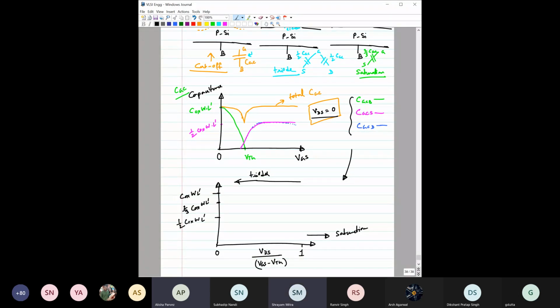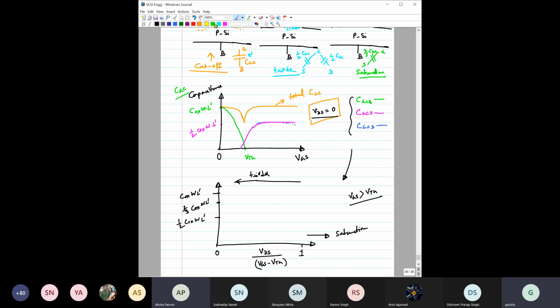It will depend on VGS. Very good. So we are considering VGS greater than threshold voltage. If VGS is greater than VTH, then obviously CGCB is not present here, so we are left with only these two components, CGCS and CGCD.